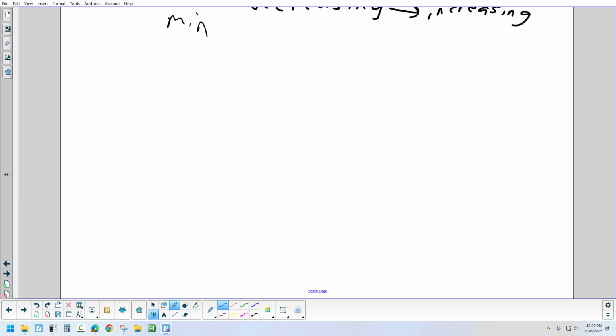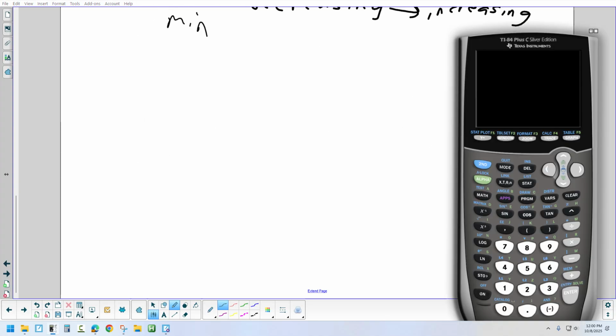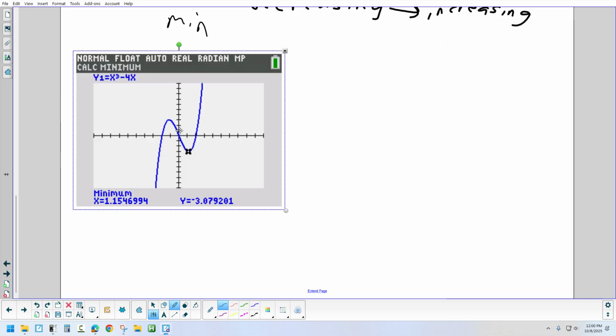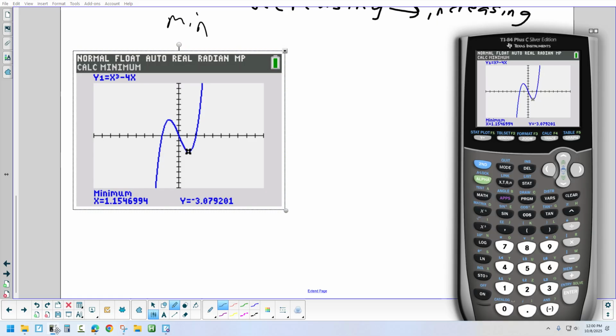Okay, so let's look at that graph we already have. Let's put that back here. And I want you to tell me where this one is increasing and decreasing. I just need to find the maximum so you can do that. Okay.